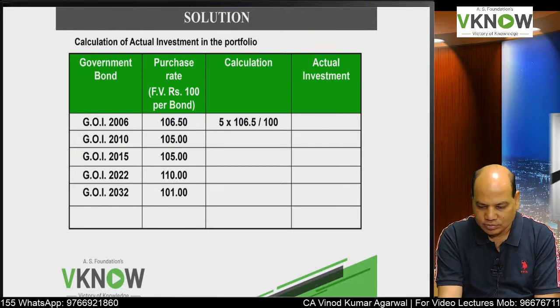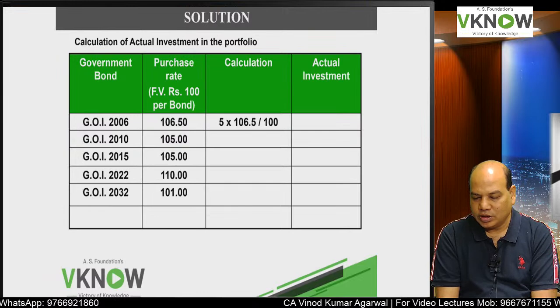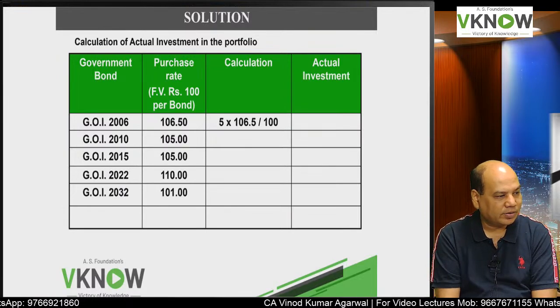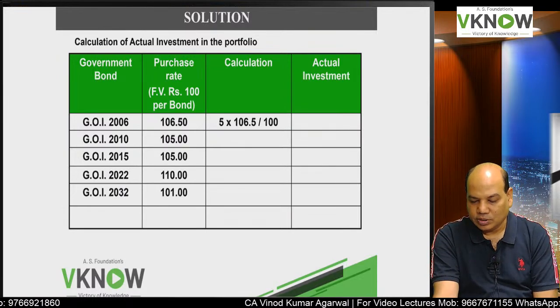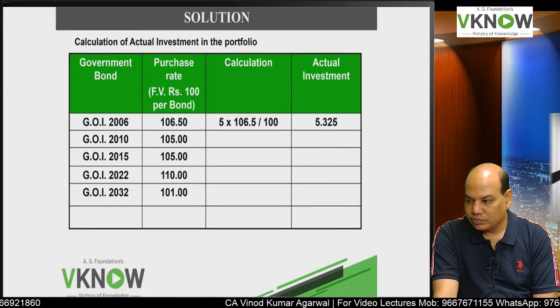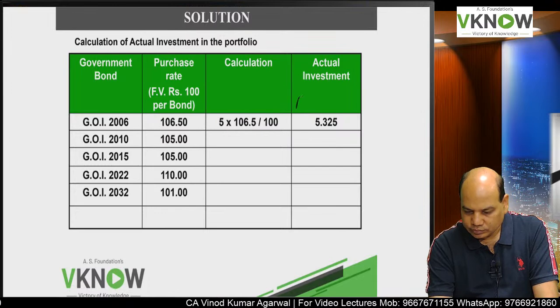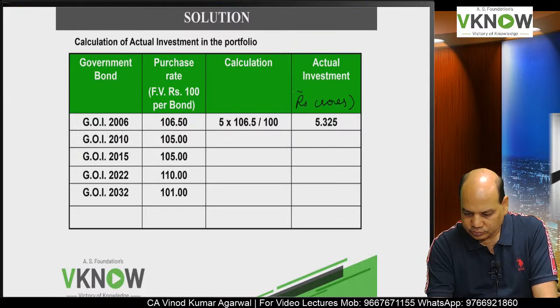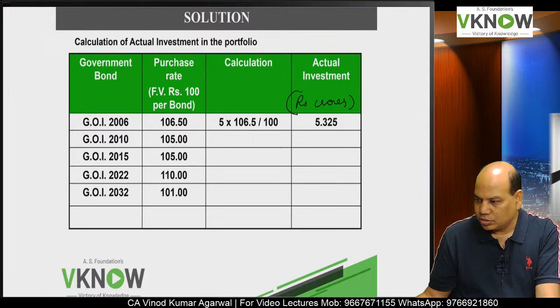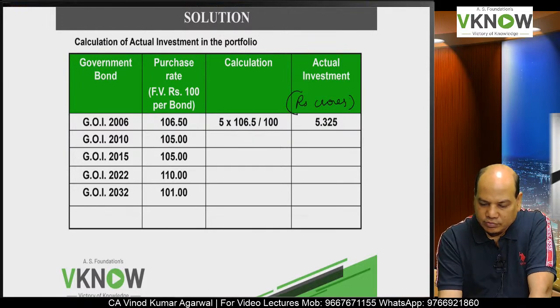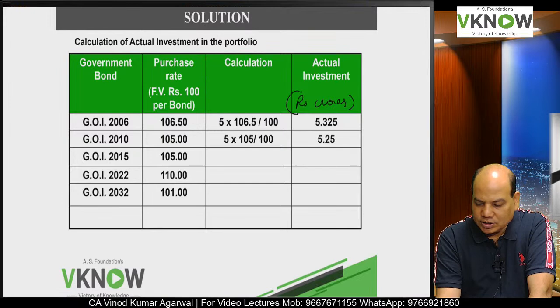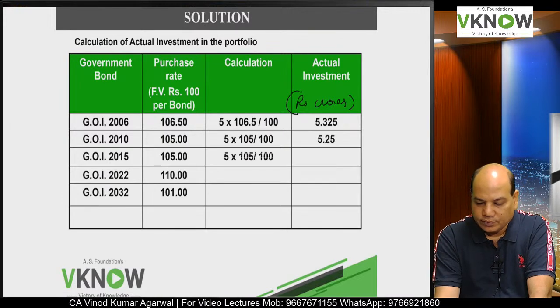Calculation: 5 into 106.50 divided by 100. So the amount invested in the first bond is 5.325. Write here, rupees in crores. Okay, continue in the same way. The next answer is 5.25.